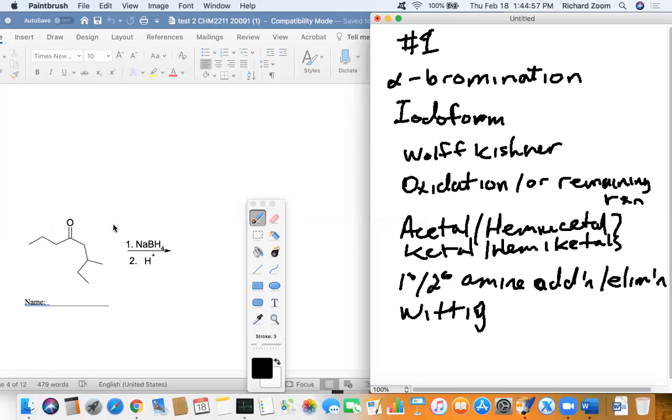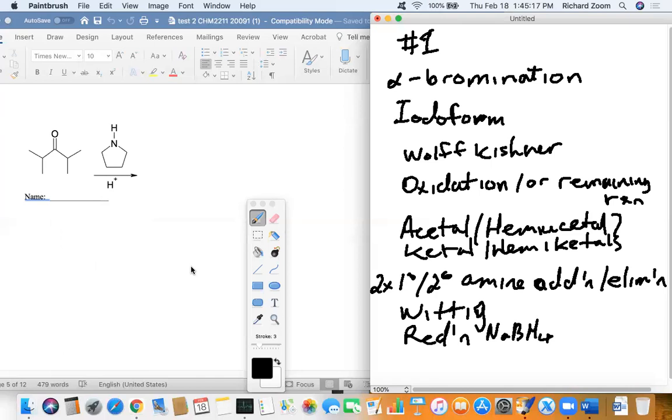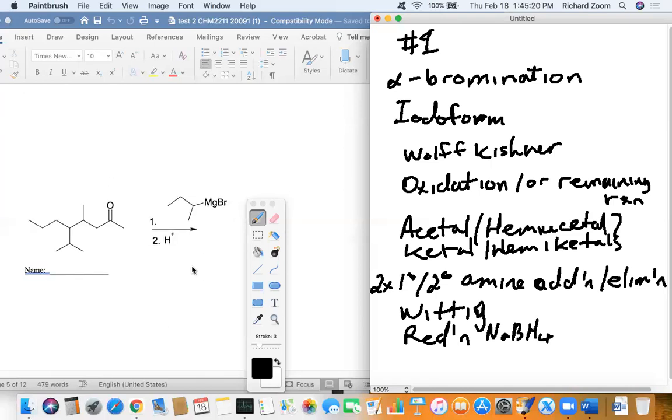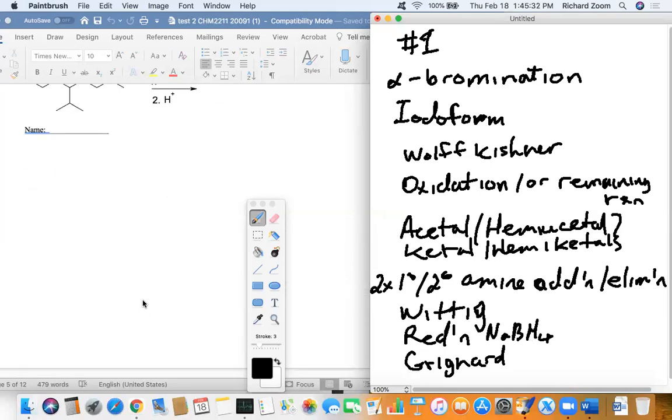A reduction, NaBH4. Then a Grignard reaction as well. And that's it. So that's for number 1.